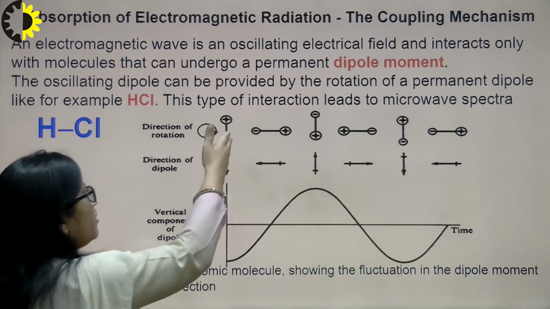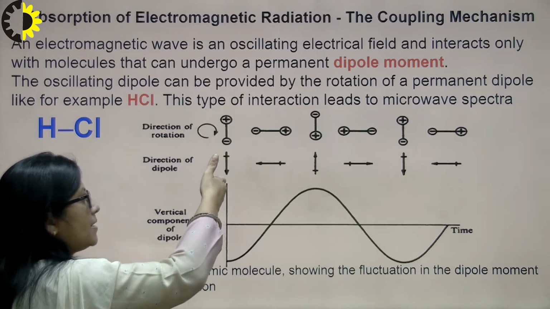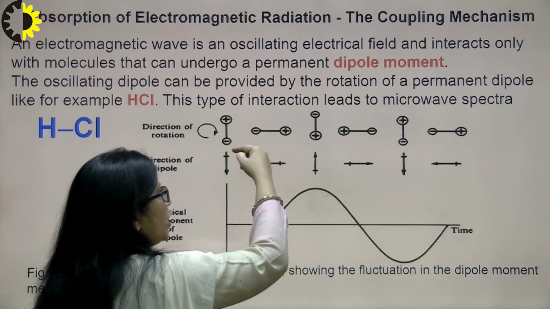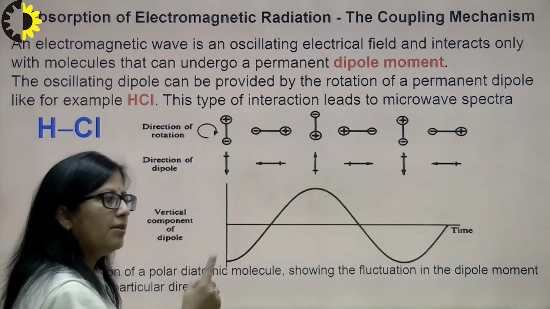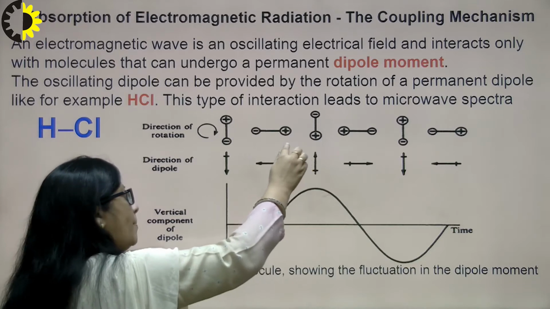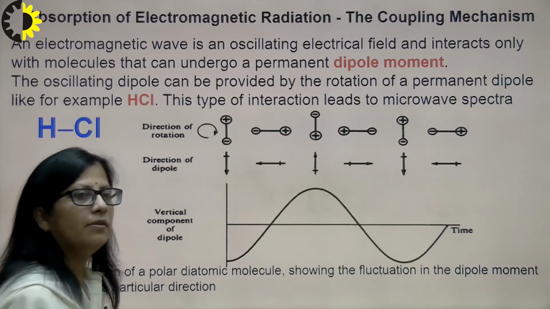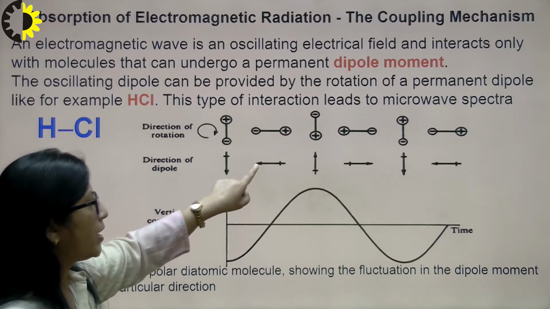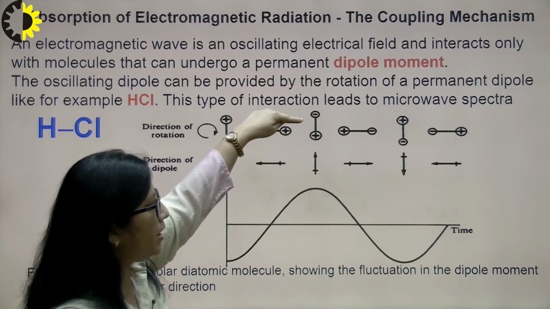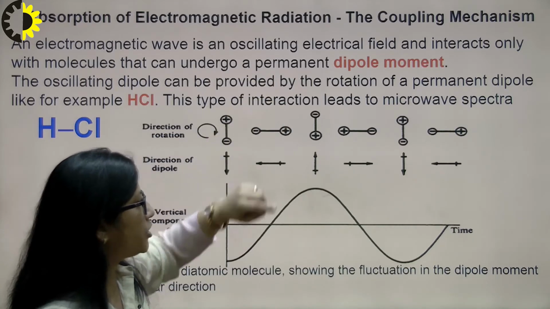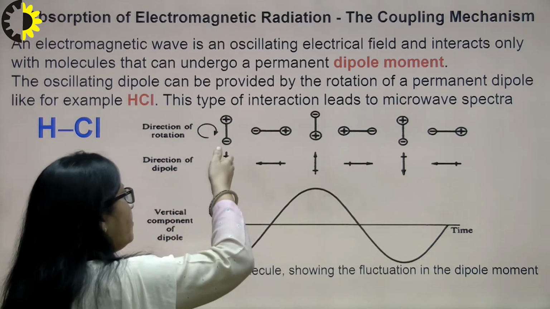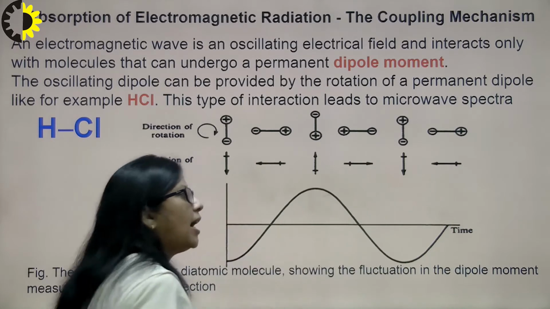If Cl is on the left side and H is on the right side, on rotation, the rotation can be this way or it can be this way. So, if Cl is on this side and H is on this side, then the component of the dipole will be in this direction. Again, when Cl is above and H is down, then the component of the dipole will be in the upward direction. So, as the molecule shows different rotations, the component of the dipole is also changing direction along with it.